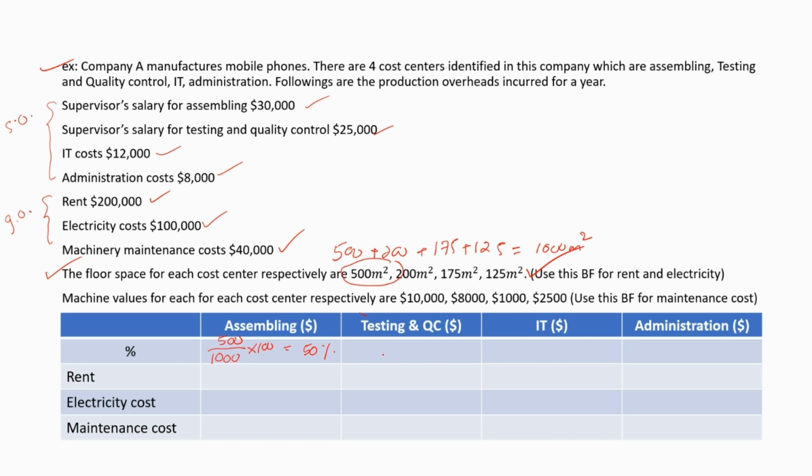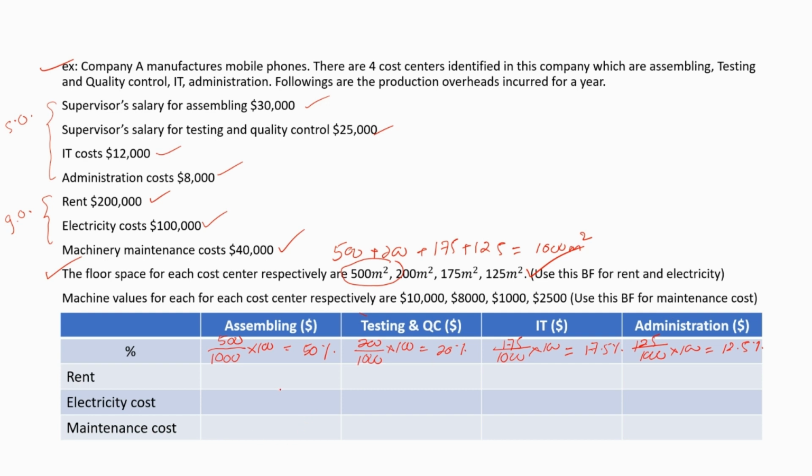Like that, we can calculate the percentage values for other cost centers as well. So for testing, the floor space is 200 over 1000 multiplied by 100, which is equal to 20%. This is how we calculate the percentage values. So using these percentage values, we can apportion the rent and electricity cost.